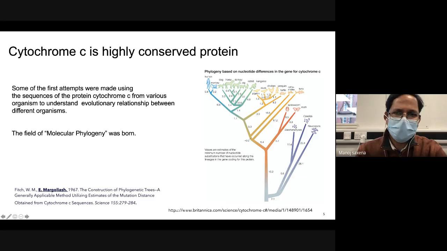So in this slide, you are looking at a diagram which is showing you an evolutionary relation between different organisms ranging from human to Neurospora, just based on the sequence of the gene that is responsible for cytochrome C. So this was one aspect of early studies of the sequence of this cytochrome C, which gave rise to a totally new branch of study called molecular phylogeny.